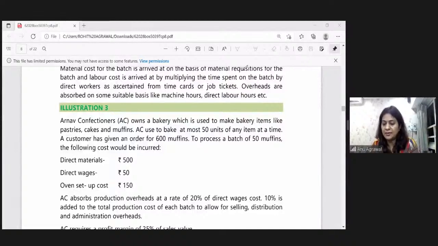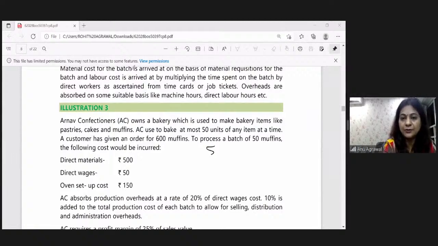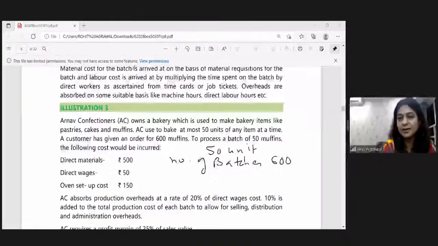That means every time I bake, this material and wages will vary with the muffins I'm manufacturing, but the importance is of that setup cost. Yes or no? So, I am just giving you an example: if I produce 50 units at a time, the number of batches will be 600 divided by 50, which is 12.